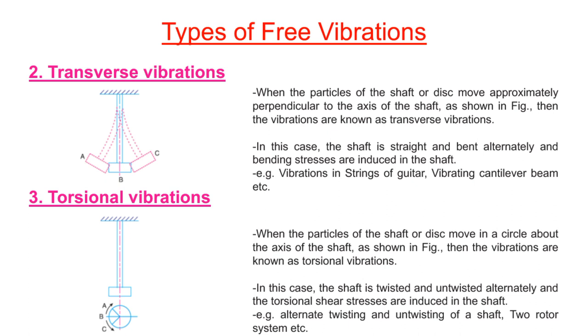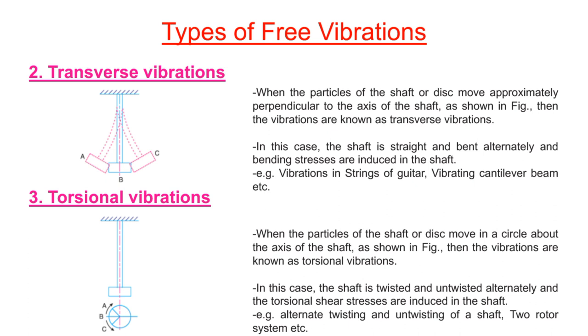For example, consider one shaft and one disc attached to that shaft, and that disc is moved from position B to position A, approximately perpendicular to the shaft, and then released. Then it will oscillate from A to B, B to C, again C to B, B to A. This type of vibration is called transverse vibration.